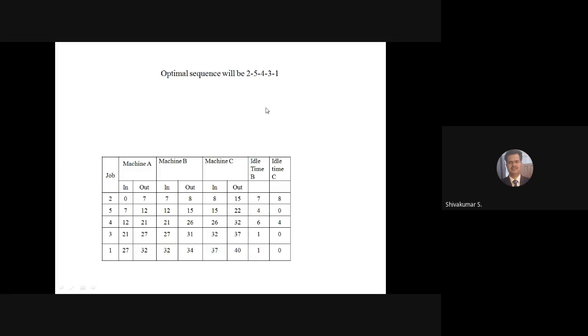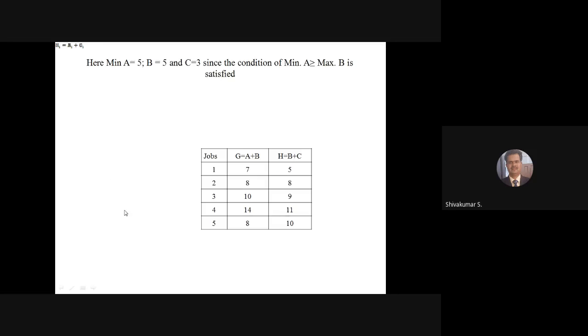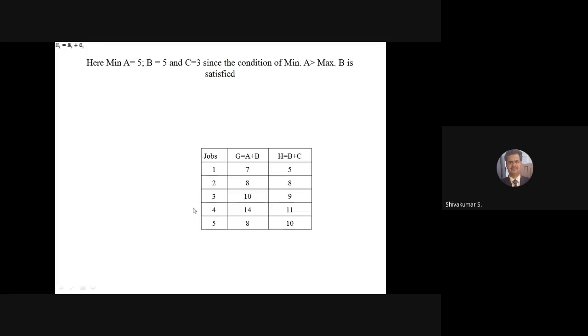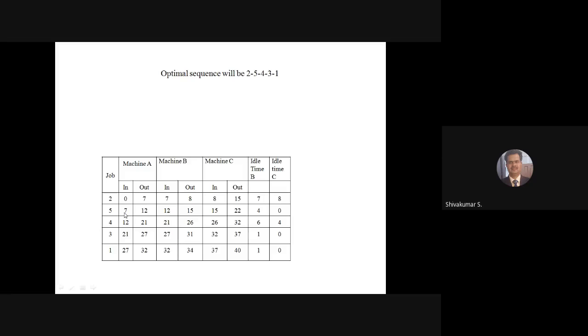Second, now you take the second job, 5. So job 5, time in is 7. The processing time for job 5 is 5, 3, 7. So you add 7 plus 5, 12. Remember here, machine B is free after 8 hours, but the job is yet to come.